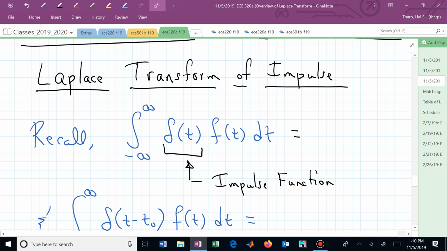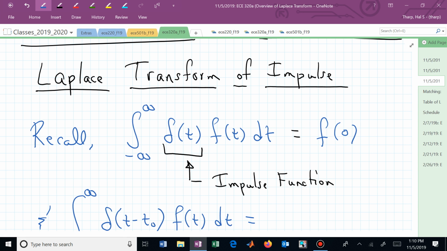So you look at this and you go, oh, my integrand is 0 everywhere except at the origin. The only possible thing that could happen is happening right at t equals 0. And in fact, if f of t is continuous at 0, then what you will get is just its value at that time when the argument of your impulse is 0. A lot of zeros going on.